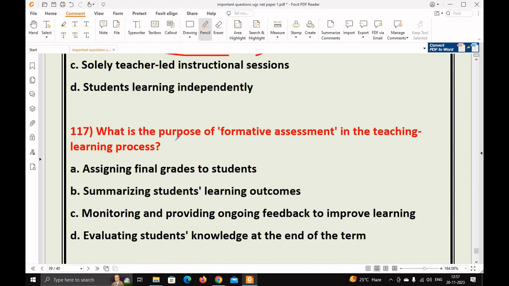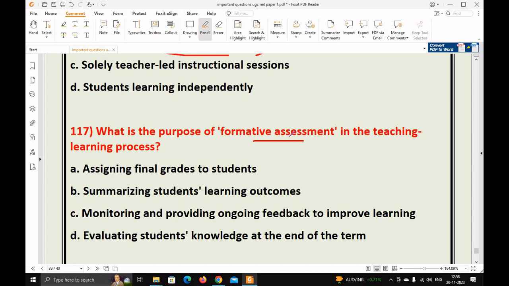Next question. What is the purpose of formative assessment in the teaching learning process? Options are assigning final grades to students, summarizing students' learning outcomes, monitoring and providing ongoing feedback to improve learning, evaluating students' knowledge at the end of the term.